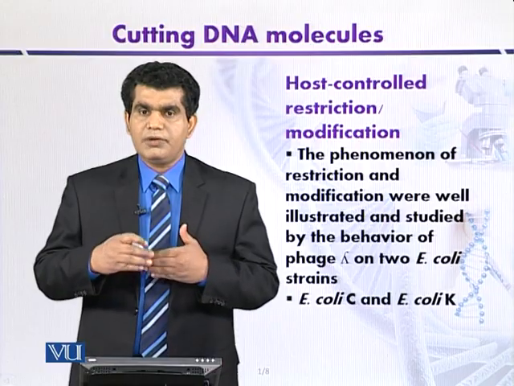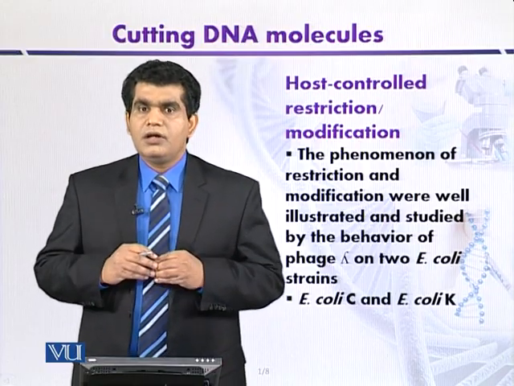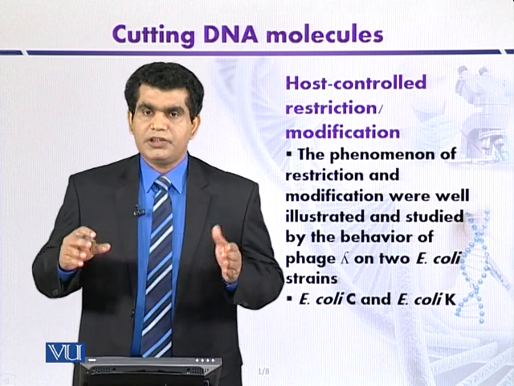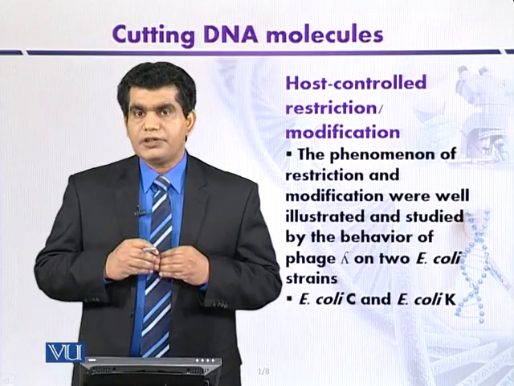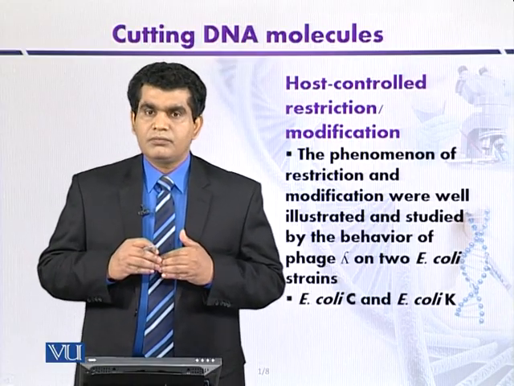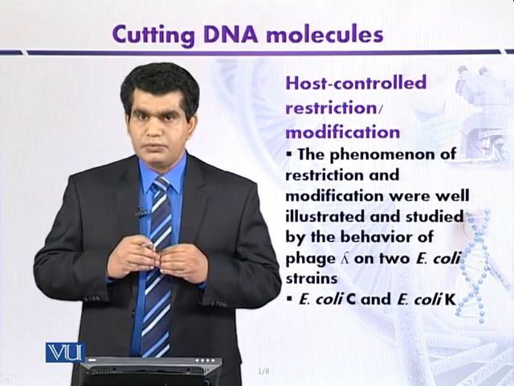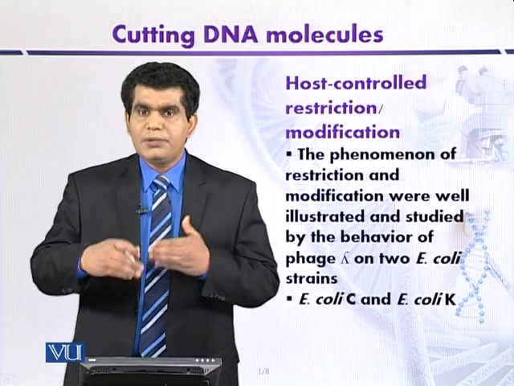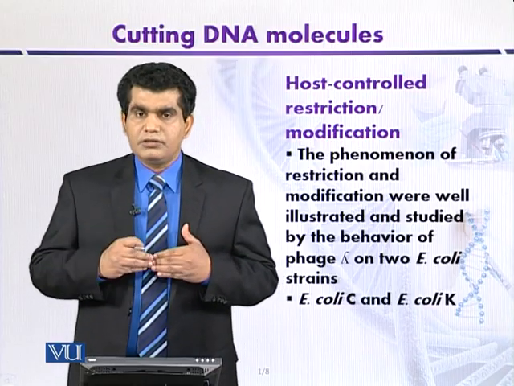That is indicated by the high efficiency of plating, a high number of plaques produced within the bacterial culture. On the other hand, on the second strain, the bacteriophages will be restricted. That is indicated by a low number of plaques. So the plating efficiency will be low in the case of the second strain.